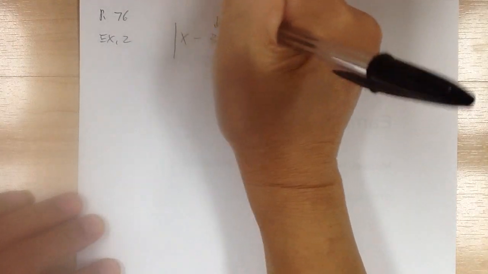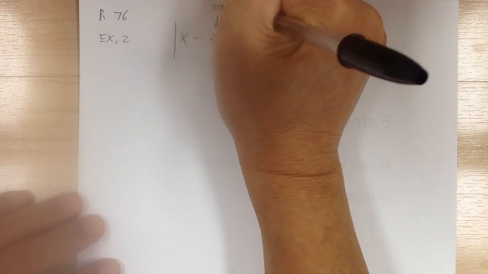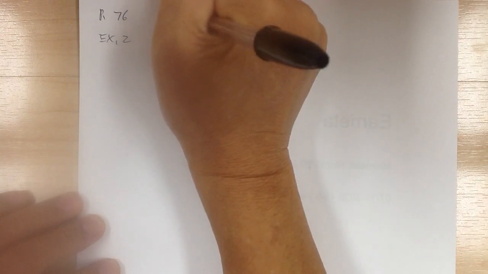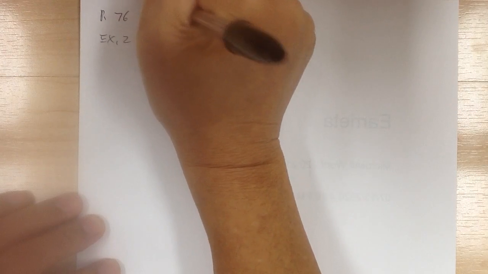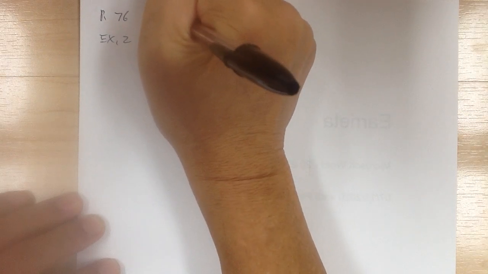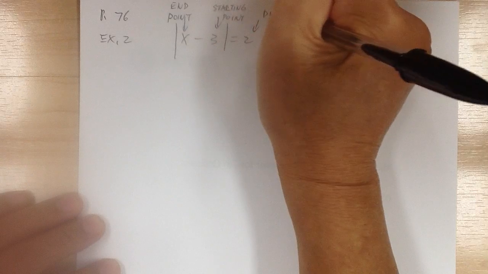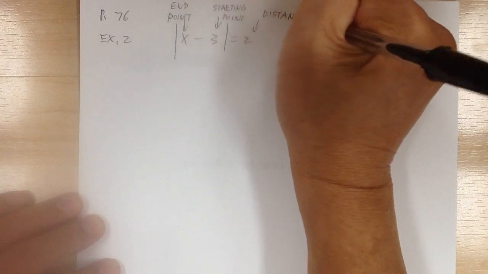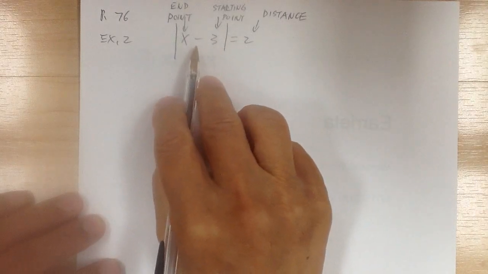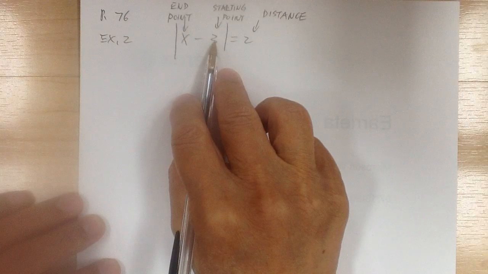So in other words, this is your starting point, and this is your end point, because you always use the end minus the beginning. And this is your distance. So that's what all this means. Again, absolute value means the distance. So the distance between the endpoint of x and the starting point of 3 will equal 2.